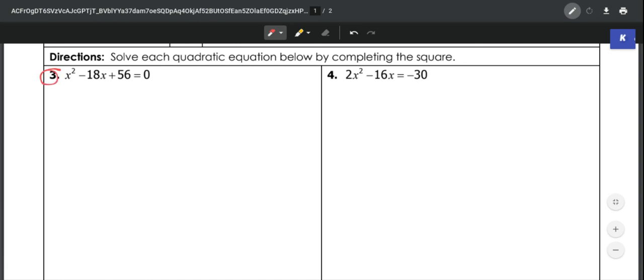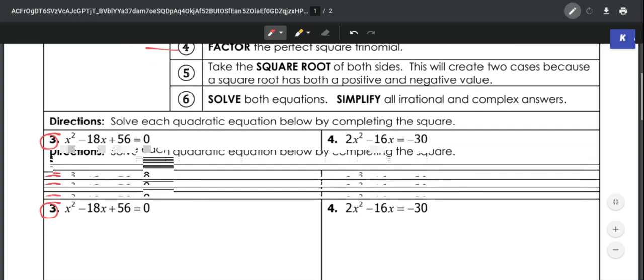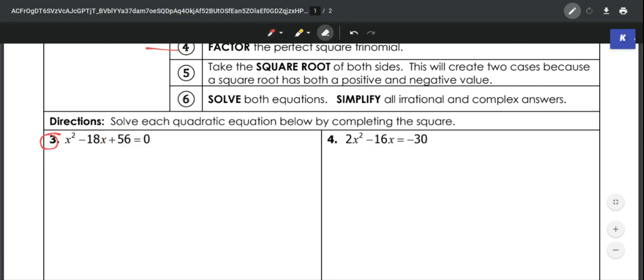So let's look at number 3. We've got x squared minus 18x plus 56. The first step is to take 56 and move it to the right side. So we'll actually be subtracting 56, because that's a positive 56, from both sides.